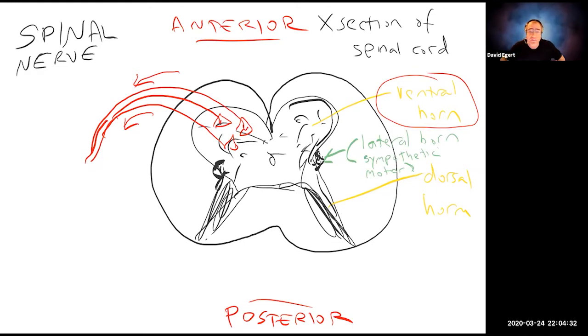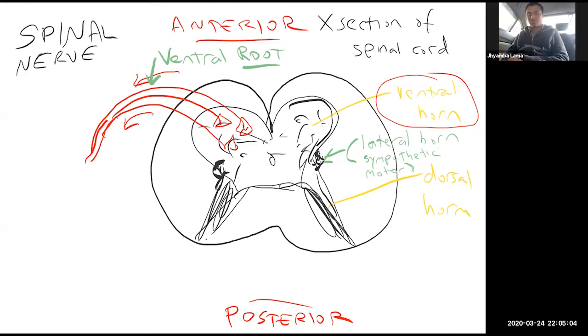This place where the axons leave the spinal cord and start creating the nerve is going to be called the ventral root. So the ventral root is just the axons that are leaving the spinal cord from the ventral horn. And these again are going to be motor, so they're leaving.